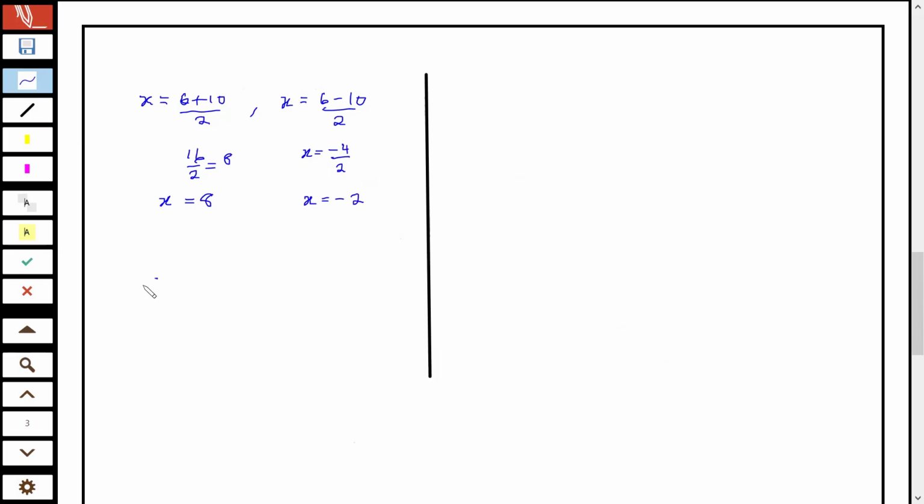So from the original equation, y equal to x to the power of 3 minus 9x squared minus 48x. We can actually find the value of y by replacing the value of x into the original equation.